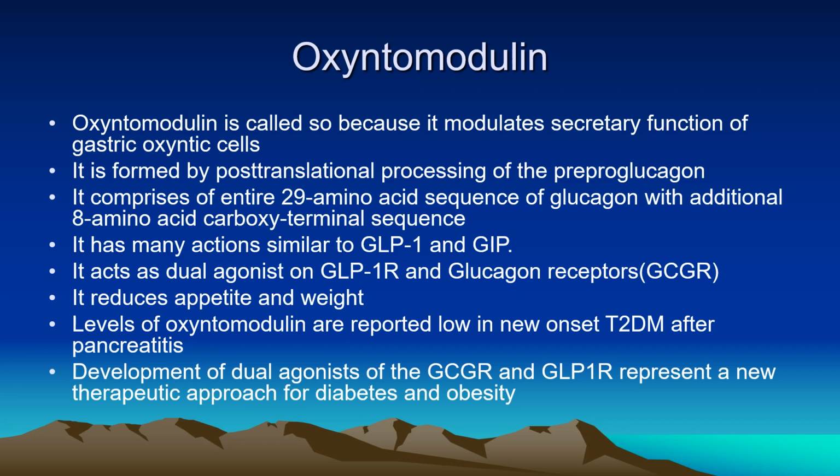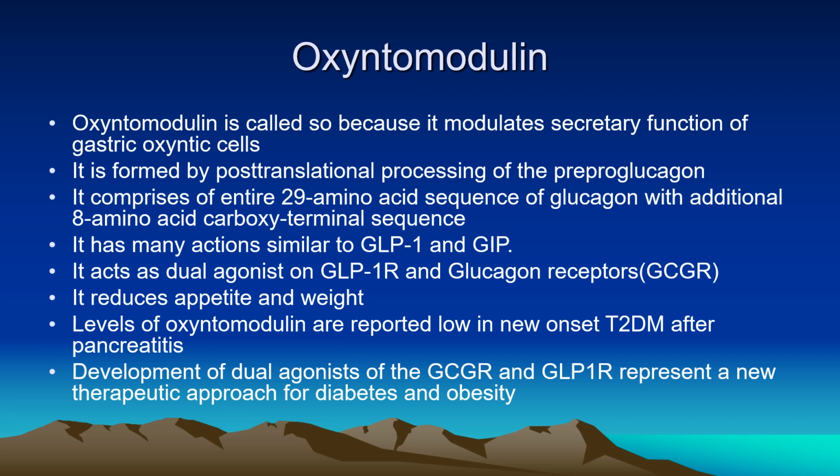This incretin has many actions which are similar to GLP-1 and GIP. Therefore, it can act as a dual agonist in a manner that it stimulates GLP-1 receptors and receptors for glucagon. It reduces appetite and also reduces weight.